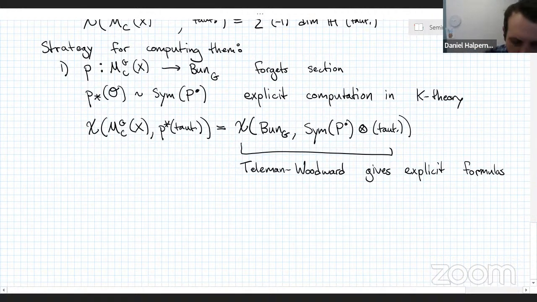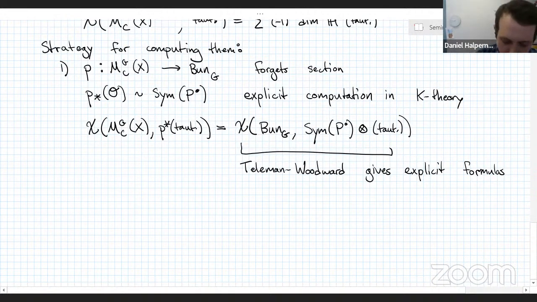But that's step one. The point is that there's also a little fib here, which is that the Euler characteristic is a priori not defined over M_G(X), the whole stack. You have to argue why the cohomology groups are actually finite dimensional, and also bounded, in order for that to be well defined.